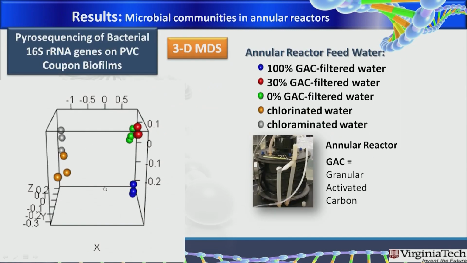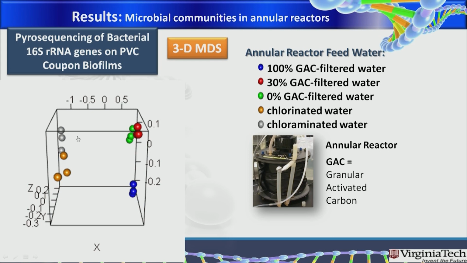So here you have an NMDS plot in 3 dimensions. You have X, Y, Z, and again by the same researcher, the dots represent different kinds of conditions. So we have 100% GAC filtered water, 30% GAC filtered water, green is no filtration, yellow is chlorinated water, and gray is chloraminated water.